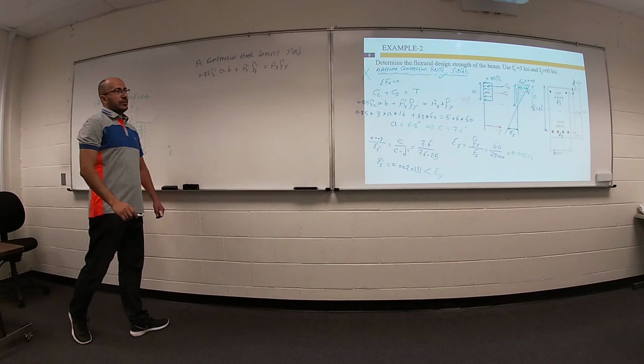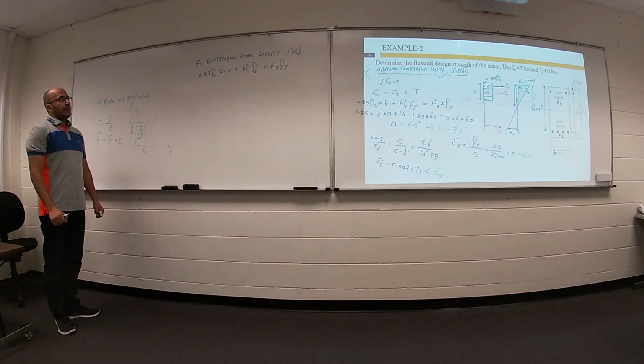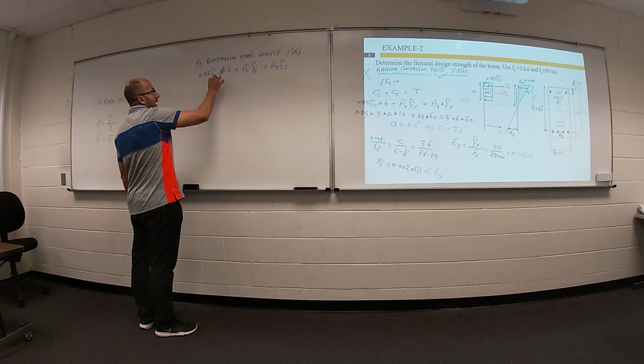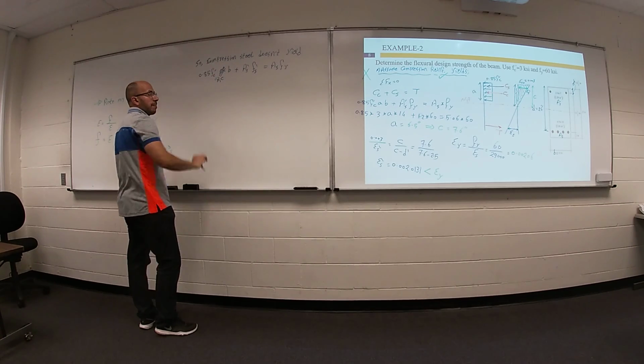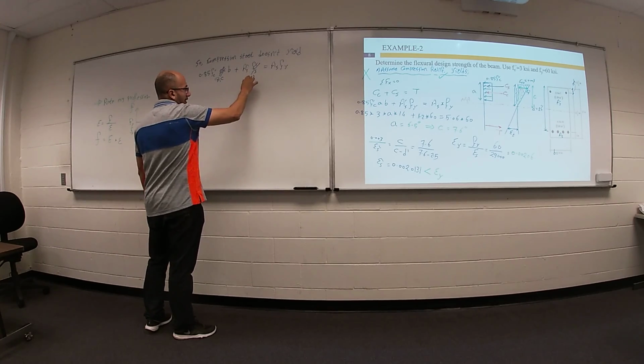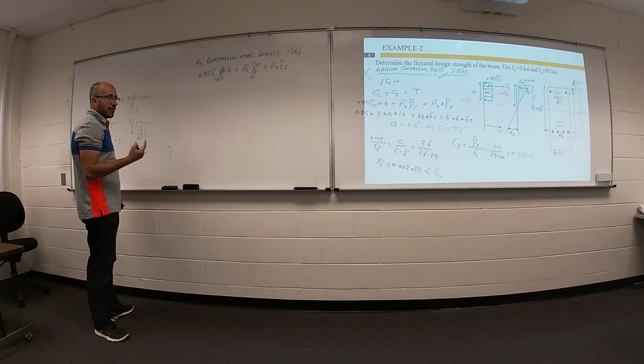This is the only change. So I will remove this value and put beta 1 c. I will remove this value and I will put something. What is your something?